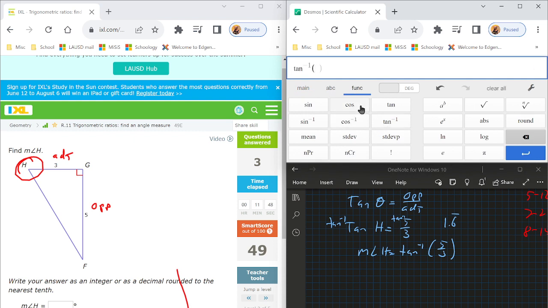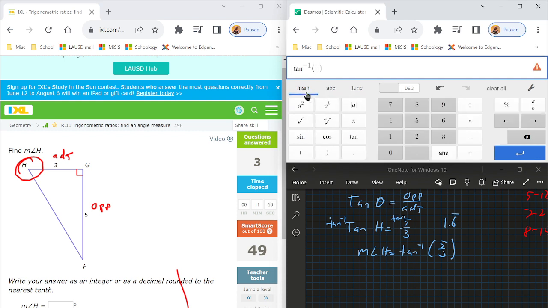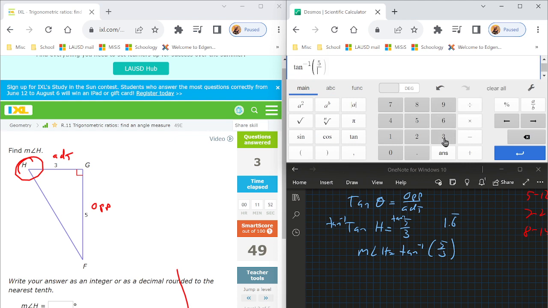Function, tangent inverse. Go back to the main, 5 divided by 3. Close at 59 degrees. We can see there we're rounding to the nearest degree. Measure of angle H equals 59. So here's where you got to be careful if you put those decimals in there, depending on how you round them.